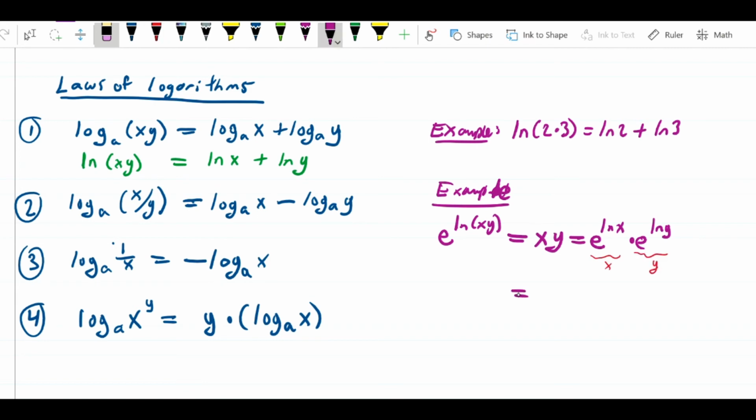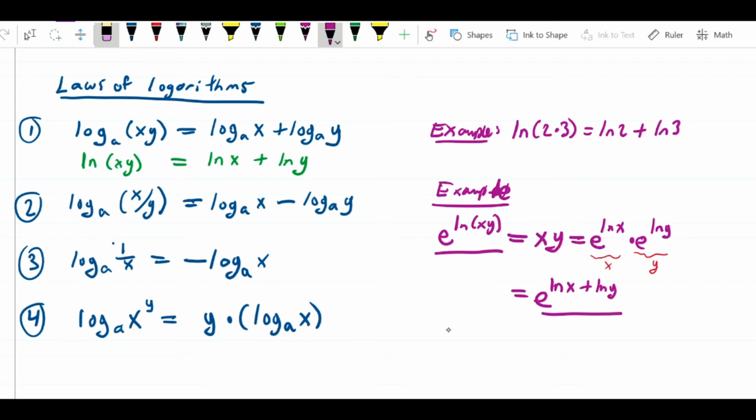So therefore, by the law of exponents, where if I take a common base and I multiply two things raised to that same base, I can add the exponents. This is going to be e to the ln x plus ln y. So I have these expressions equal, and we recall from a previous discussion that if I have the same base raised to two different expressions, if they're equal, the exponents must be equal.